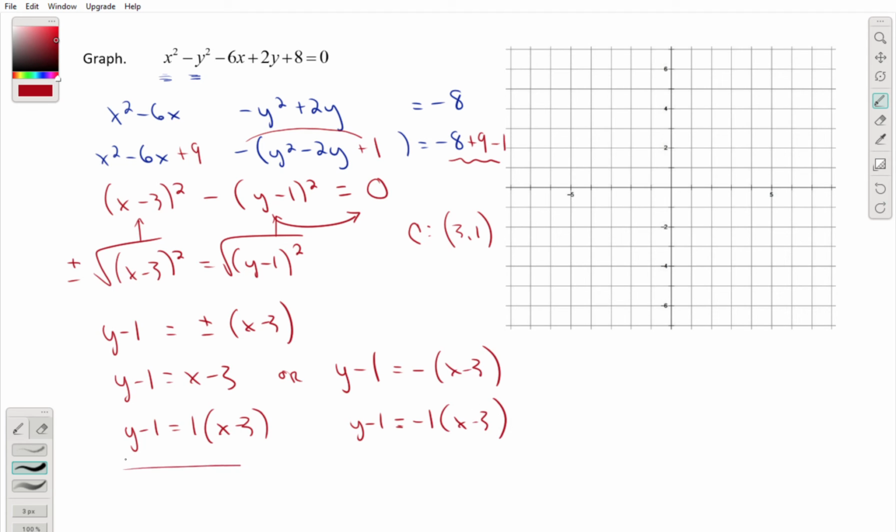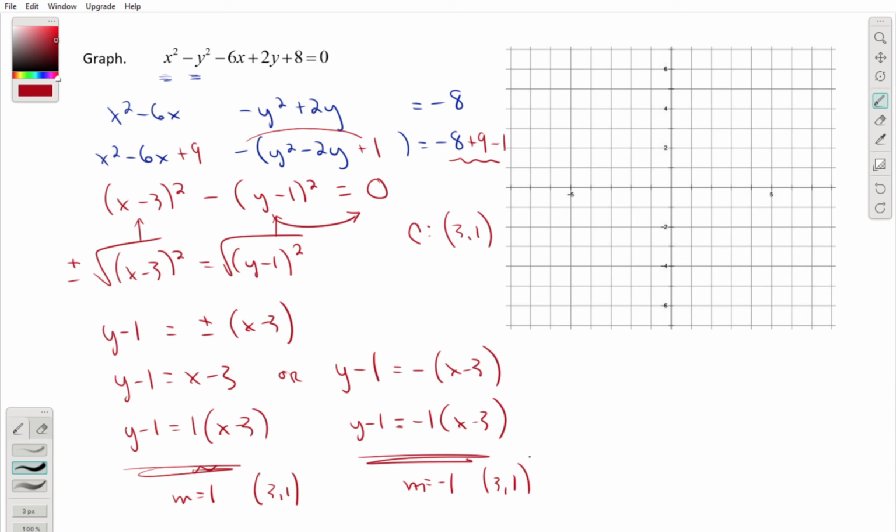These are in point slope form. This line has a slope of 1 and goes through the point 3, 1. This line has a slope of -1 and goes through the point 3, 1.